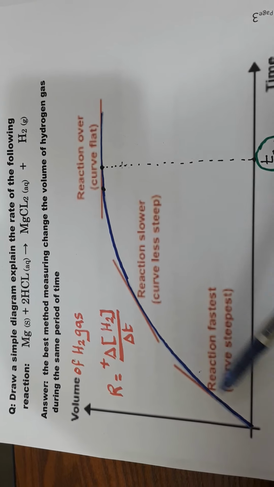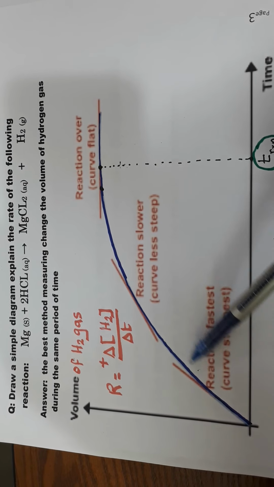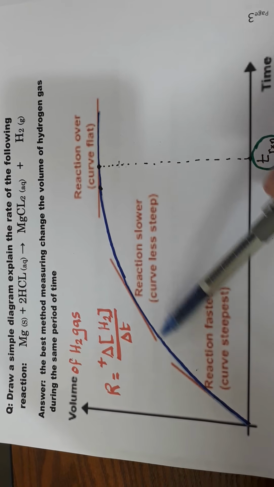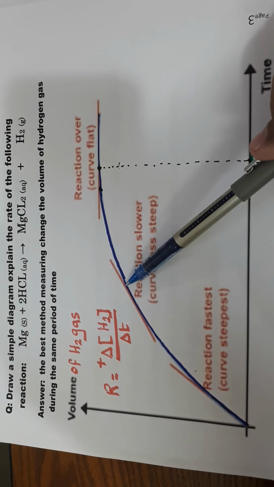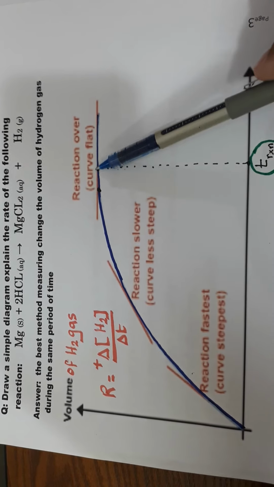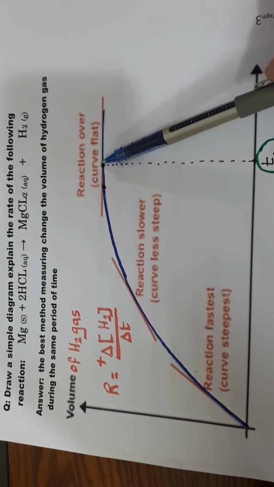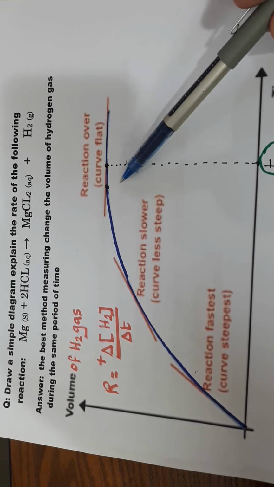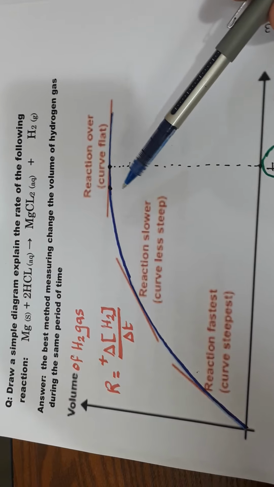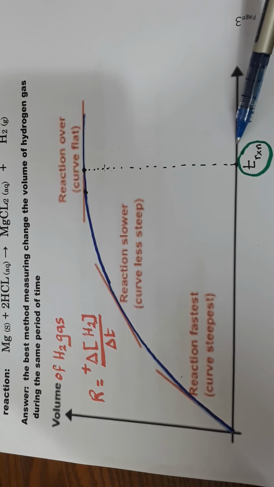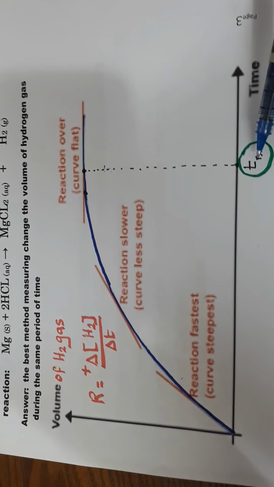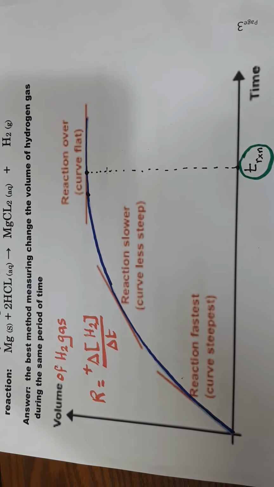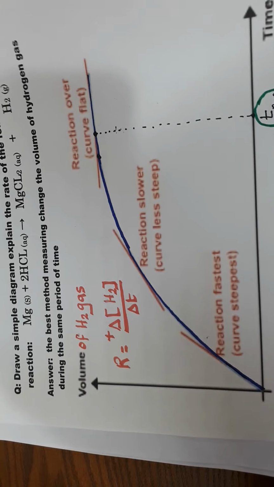The first time, the reaction is very fast, and during the time the rate of reaction decreases. The final, the curve is flat. The first point in the curve that is flat represents the time of the reaction being over, finished, with no change in the concentration.